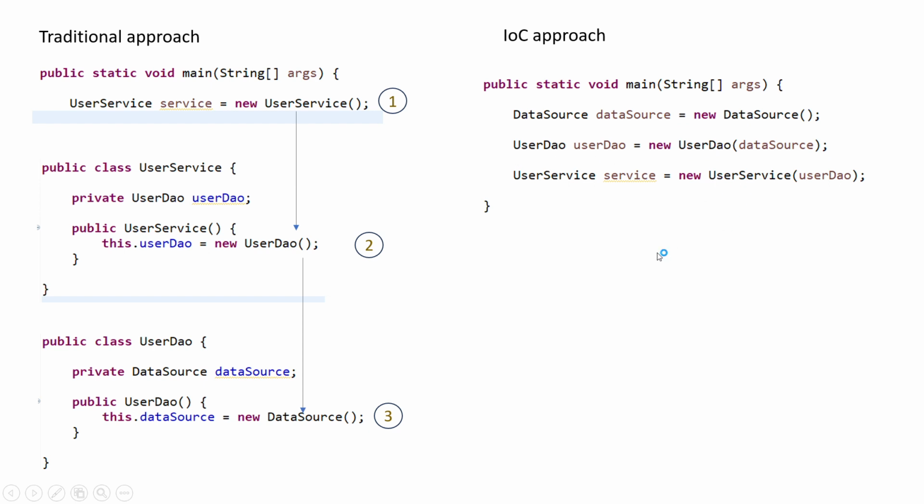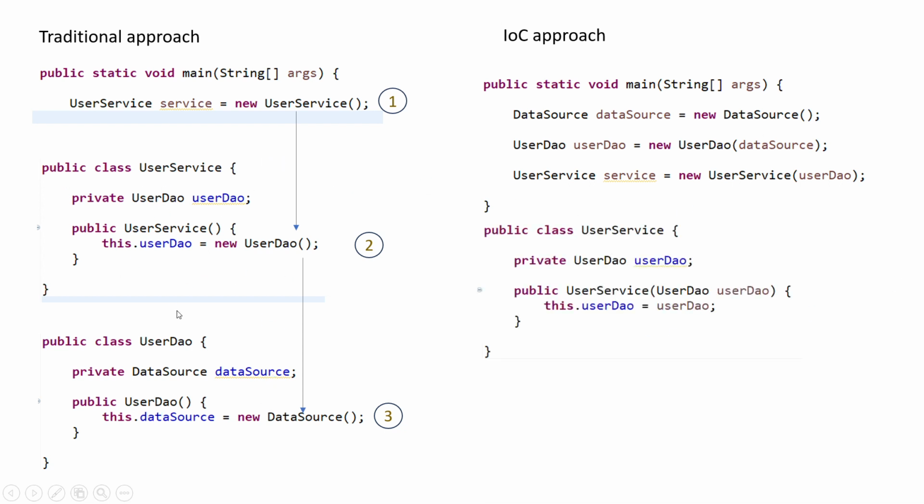Now we will see how we have to change the class structure. The user service structure I have to change like this, because it has to take the dependency as an argument. That means it has to give up the control of creating the object to some external entity. Here the main method, or the class containing the main method, is the external entity. This is how we discussed in the dependency injection video.